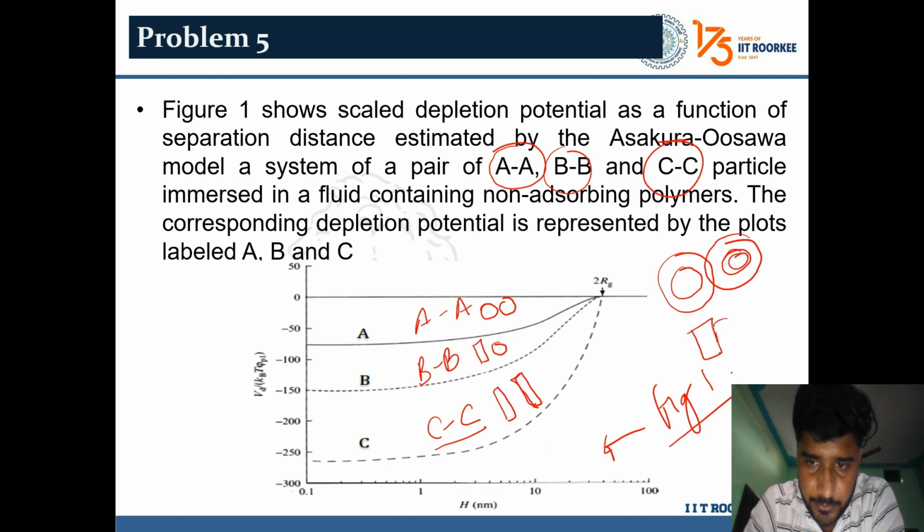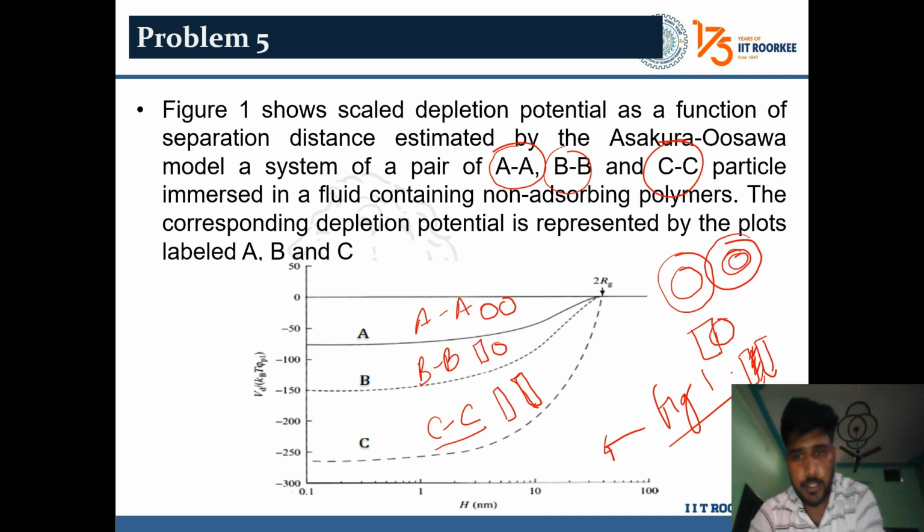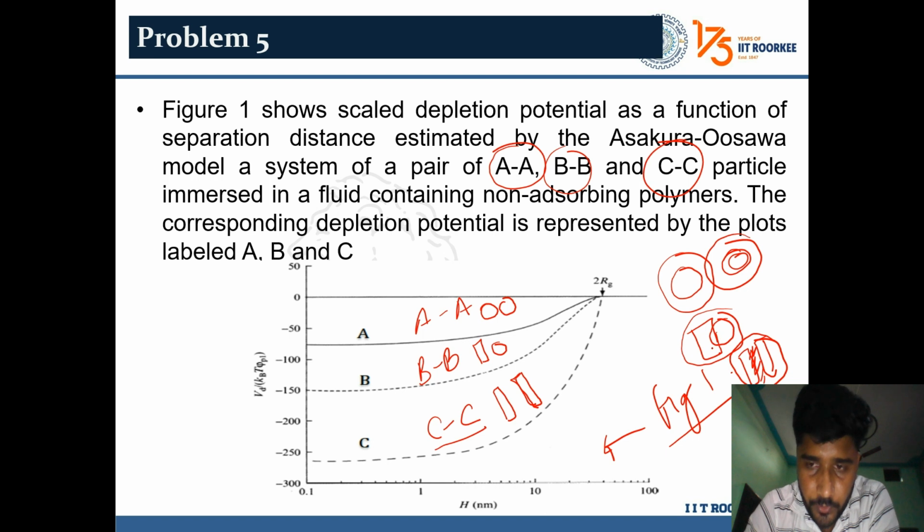You can see here the depletion volume will be higher for the plate-like model. For the plate and sphere model, the depletion volume will be in between these two values of depletion potential.